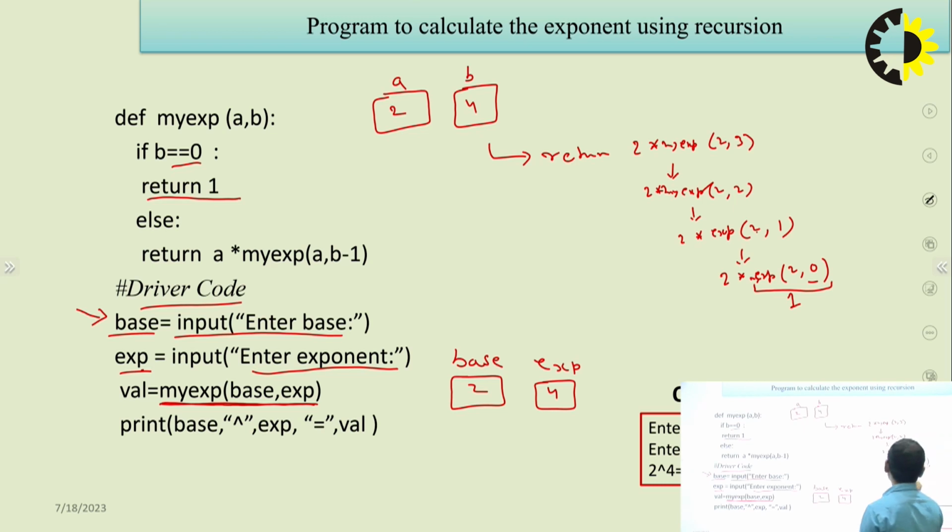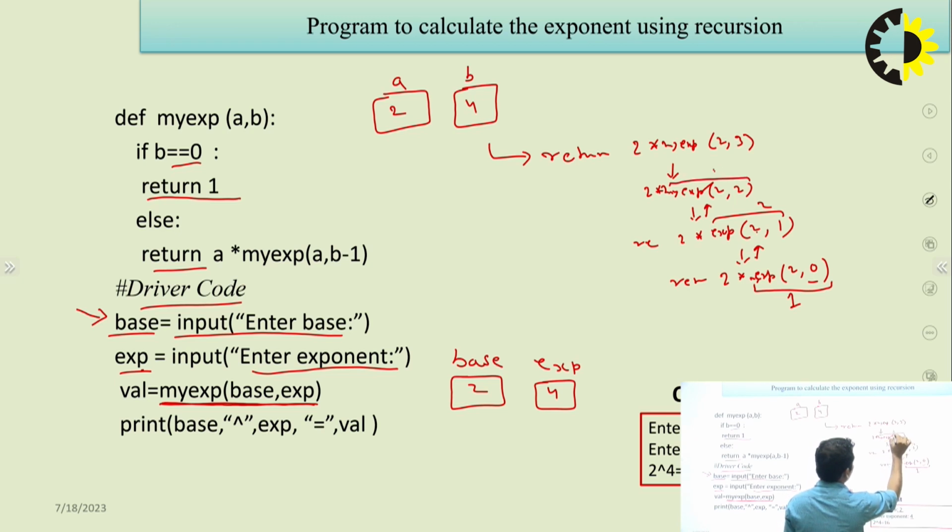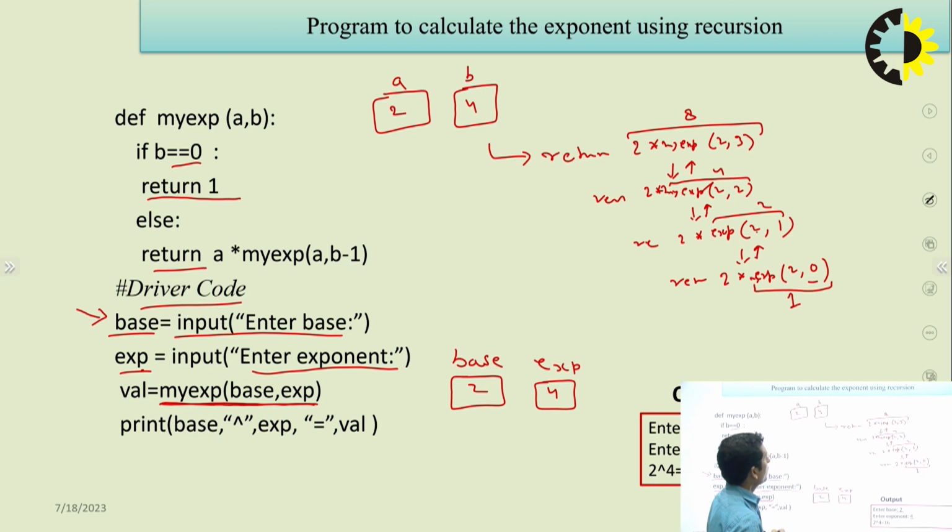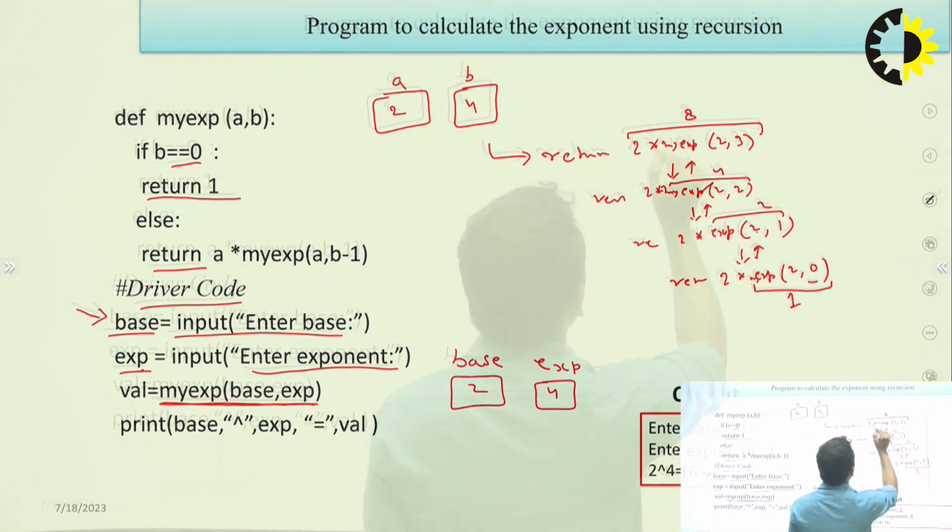Now 2 into 1, here return, we get 2 here. Now 2 into 2 that is 4, here return, we will get 4 here. Now 2 into 4, return to its calling function, so 2 into 4 means we will get 8 here.